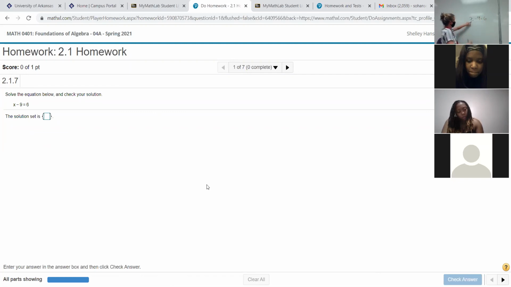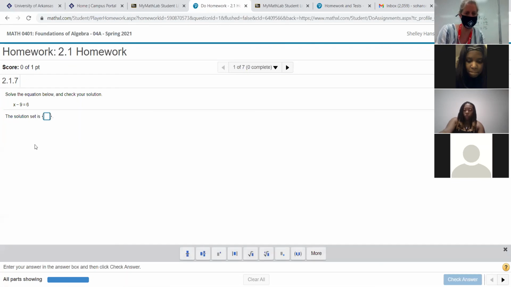To solve this and get the x by itself, I have to get rid of that minus 9 with a plus 9 on both sides. So I get x equals 6 plus 9, which is 15. I would come up in this box and type in 15.